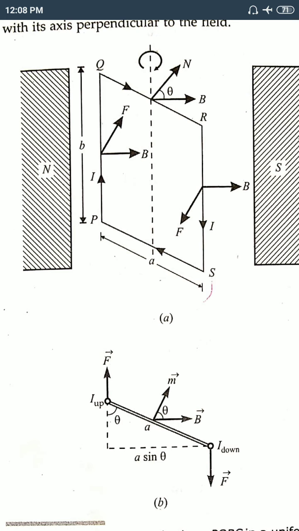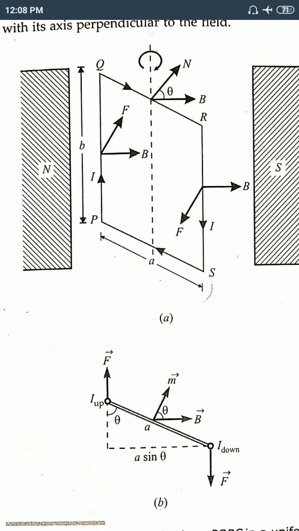It is inward. The forefinger points in the direction of the magnetic field, and the middle finger is the current. The thumb, according to this figure, will represent the inward direction, and its magnitude is B into I into L.